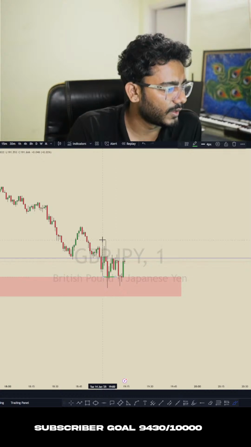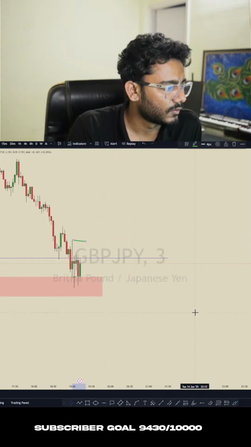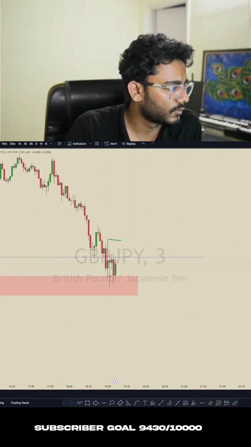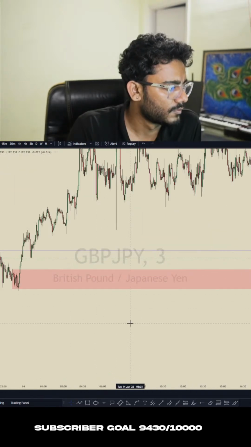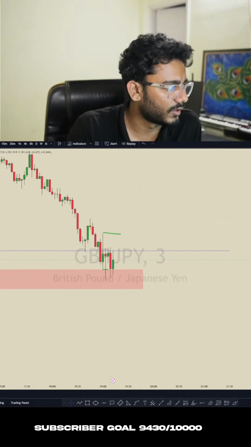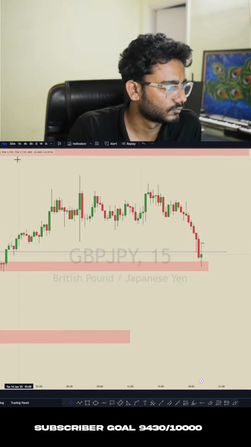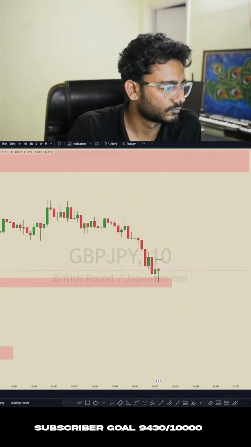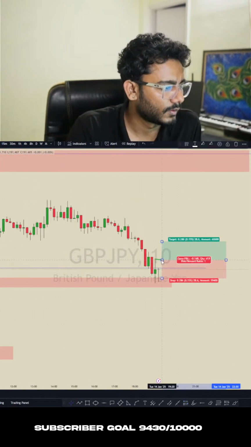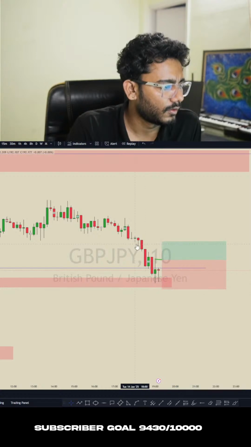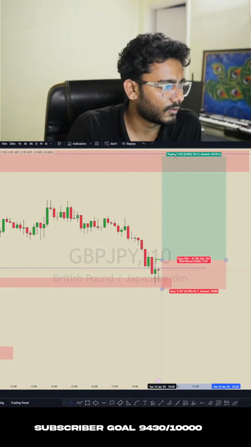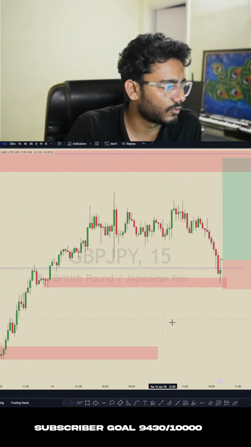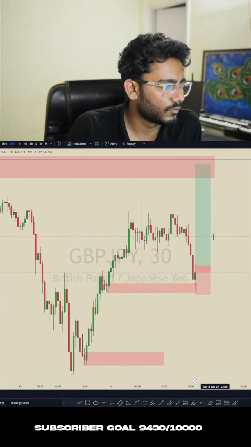Wait for price to break this high. There is an unmitigated order block to the left side, like this. So price should break this high, and then the target can be around 1 to 3.